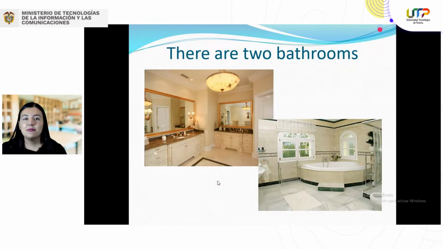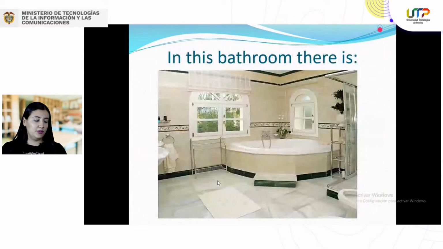En esta casa también tenemos lo siguiente. There are two bathrooms. Yes, there are two bathrooms. Look at these big bathrooms. In this bathroom, there is a white sink, one bathtub. Entonces recuerden que puedo usar a o one, ¿sí? Como lo estamos viendo en estos ejemplos. There is one shower.